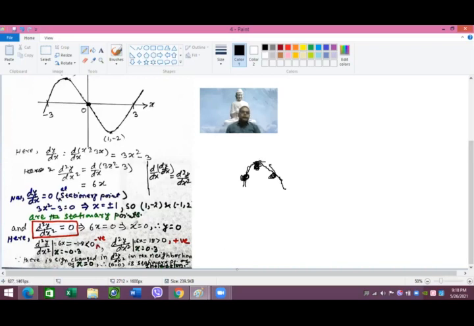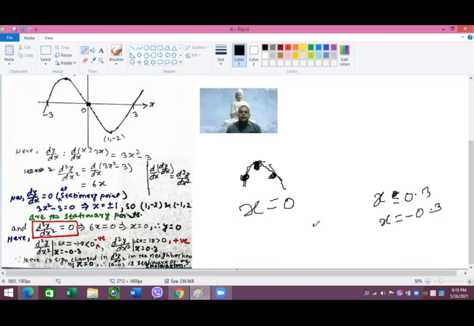So here what we can do, as our point of inflection is x equals 0, we try some value in the neighborhood of x equals 0. So we take x equals 0.3 and another value x equals negative 0.3.